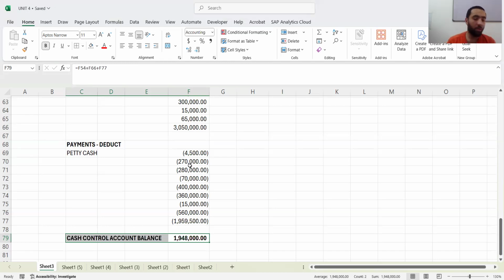Once you are done, let me know so that I can go to the amended cash control account balance.